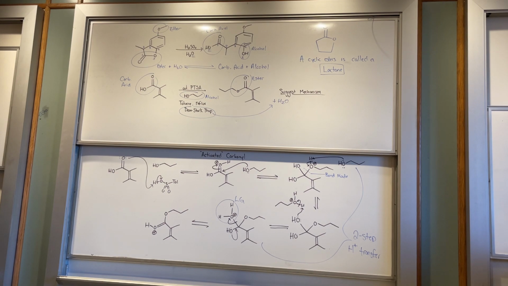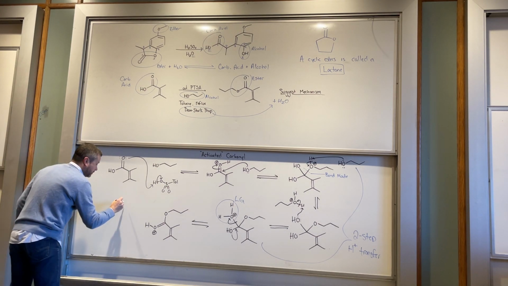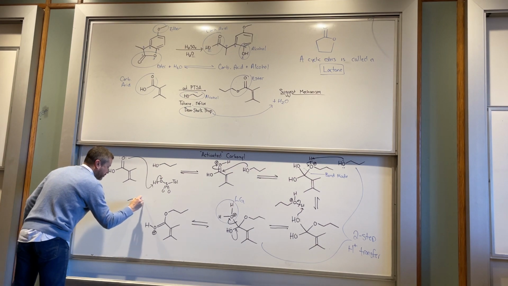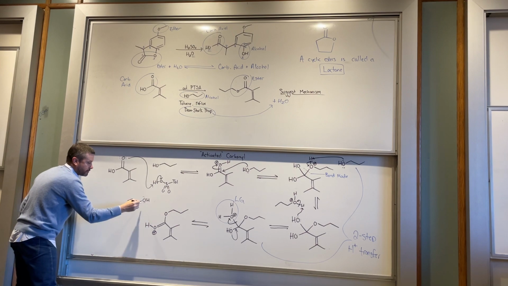So we're almost there. What's the last step? Use the alcohol as a base again to take that proton. Good. The only thing we need to do is deprotonate the carbonyl oxygen of the ester.